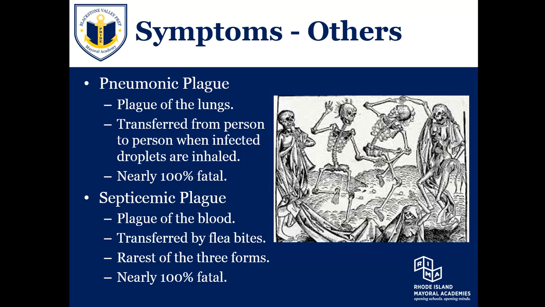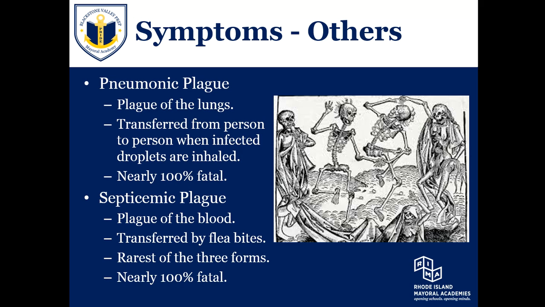And then the plague would take root in those lungs. Really nasty way to die. Fatality rate is near 100%. There were some cases of people surviving this plague. It's slightly more survivable than the next plague we're going to talk about, but still at the time nearly 100% fatal.